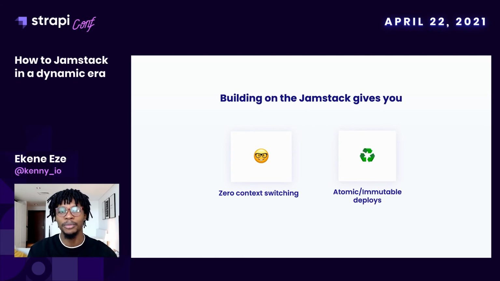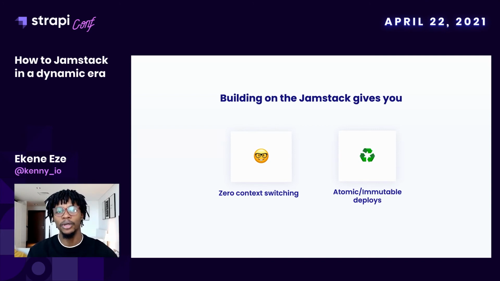And that is possible because of the concept of immutable deploys, which means that your site is built and deployed to the CDN as a bundle and kept like that forever, basically. So if you push new versions of your site, they all get into the CDN, but they are there as different versions.